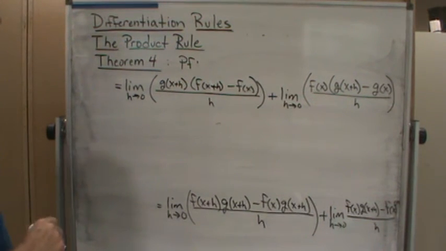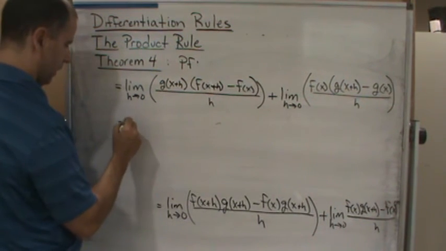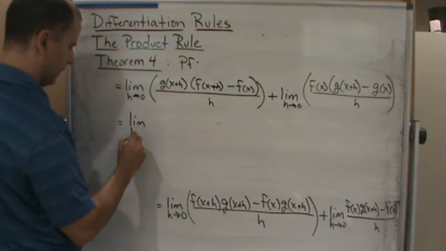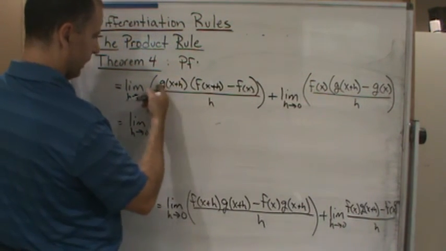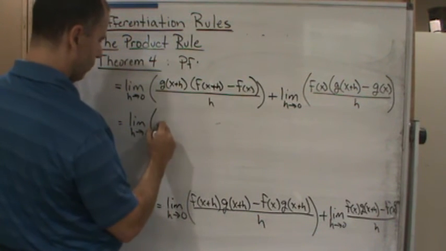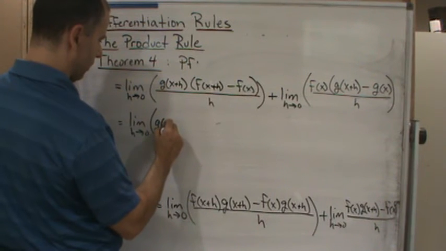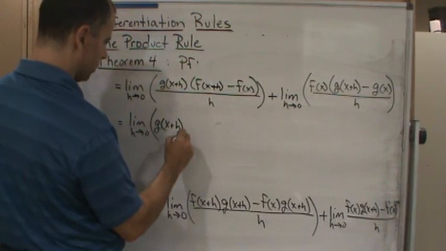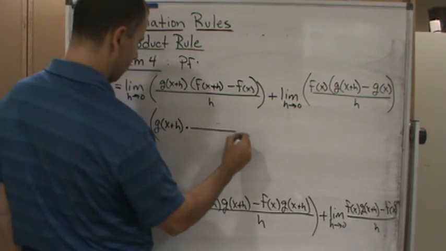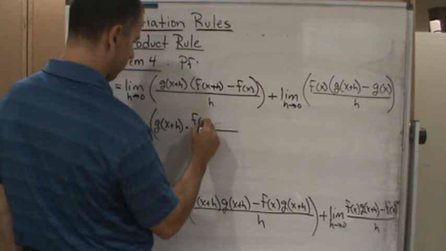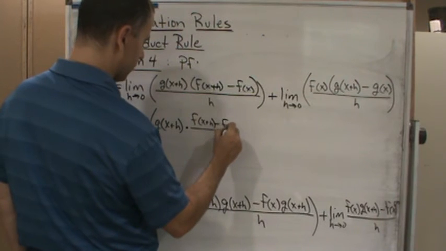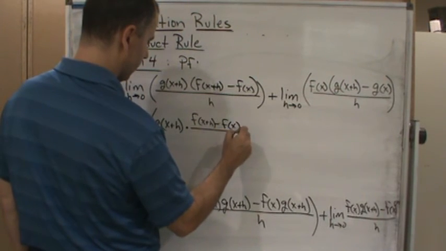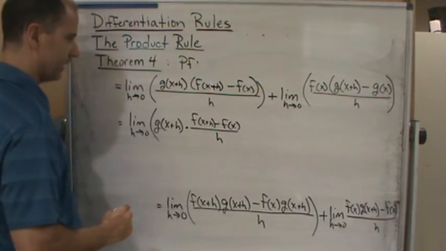Now, I'm going to rewrite this one more step. The limit as h approaches 0, and I'm going to say this is the same because, again, this is in the numerator. I can write it off to the side and separate it. So this is going to be g of x plus h times f of x plus h minus f of x over h. Now you can probably see where this is going.